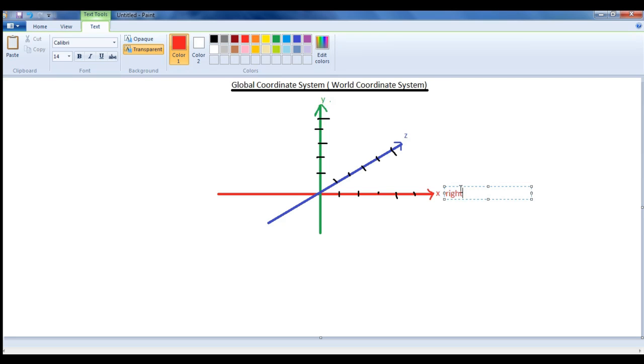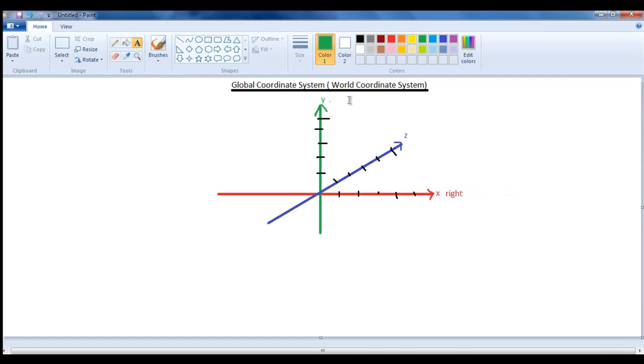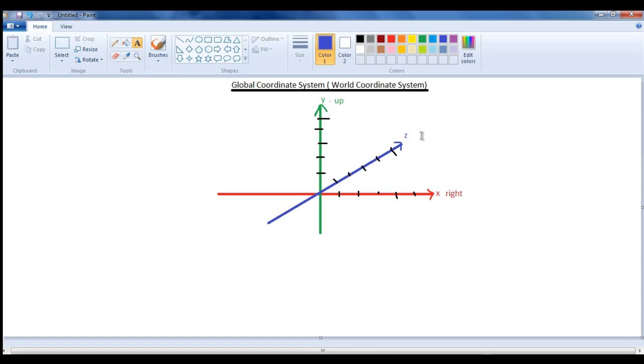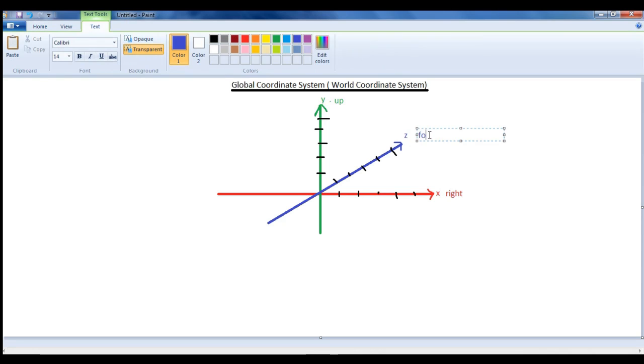Right vector indicates the x, right direction, and y has a vector known as the up vector. Up vector indicates the y-axis, the upward direction, and we have another vector which indicates the z, that is known as the forward vector.